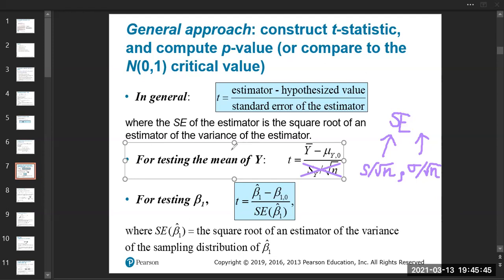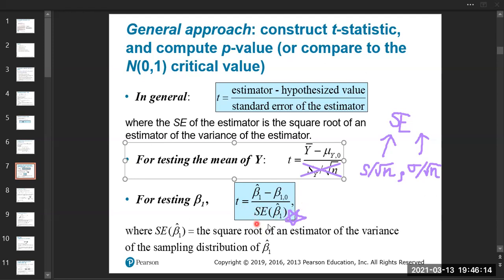For testing beta 1, this equation you need to remember, or put it in your notebook. T equals the estimator, in this case beta 1 hat, minus the hypothesized value, in this case beta 1,0, divided by the standard error of beta 1 hat.